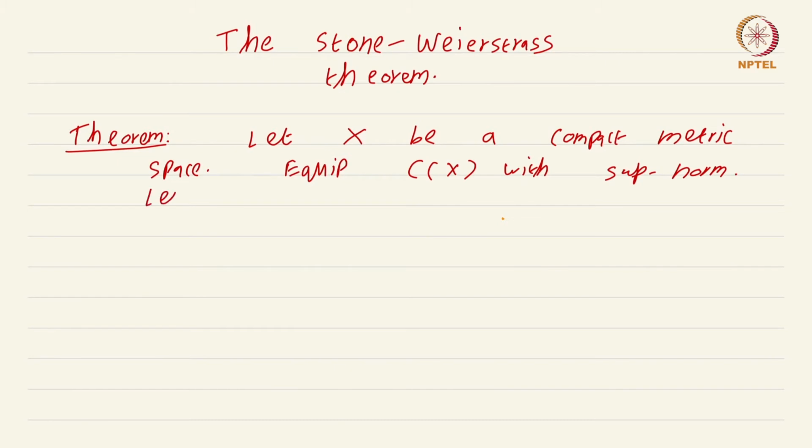Let S, a subset of C(X), be a vector subspace. So we are considering the collection of all continuous functions on X, and we are considering a vector subspace S. That means the sum of two functions in S is in S, and lambda times f is in S if lambda is a real number, and so on.